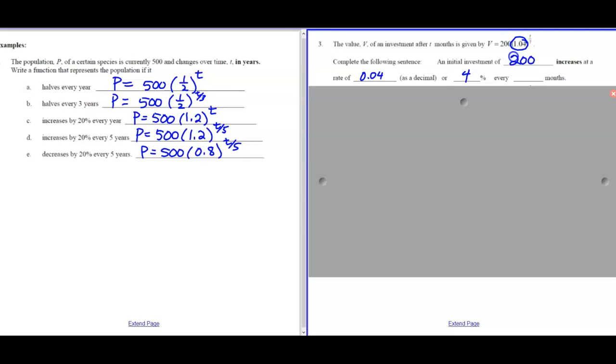And then take a look here. So it's got to read what T represents. It represents months. And so here, T divided by 7, that's the time it takes for it to multiply by 1.04, that's 7. And that will be in the same units. So that's every 7 months.